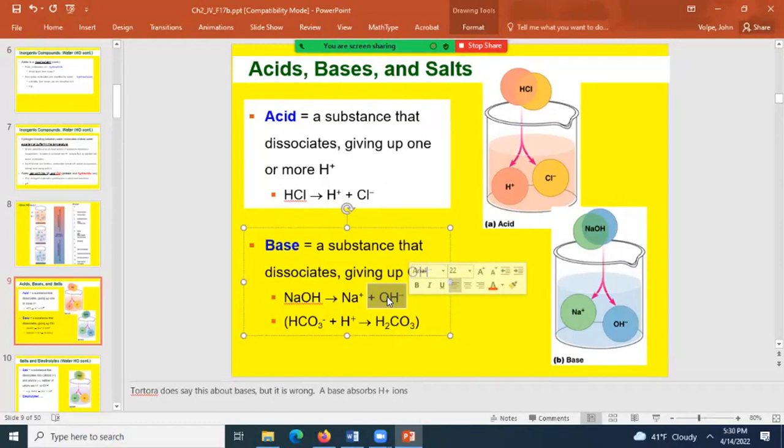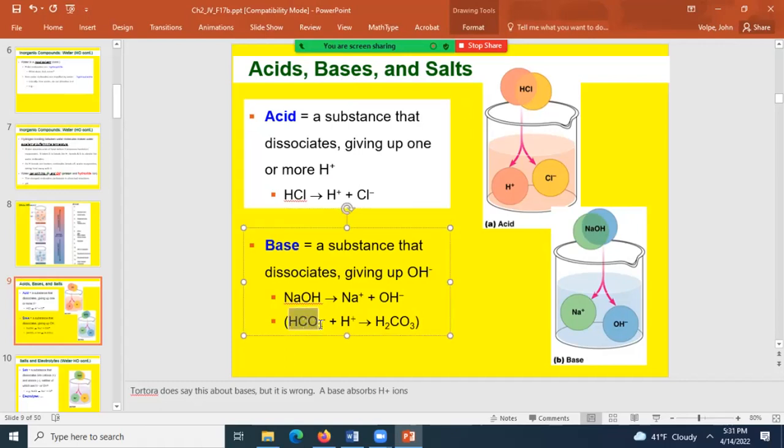But I do want you to know that your textbook either oversimplified or made a mistake, because a base is a substance that either gives up OH minus or absorbs H plus. An example of a base that absorbs H plus is bicarbonate.